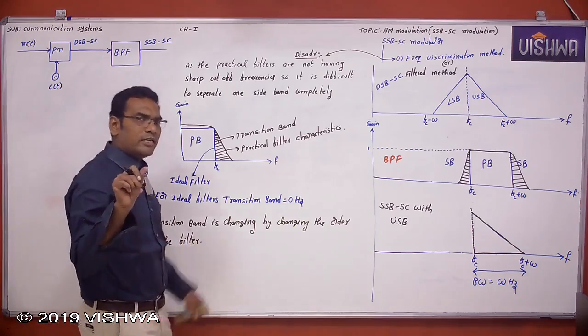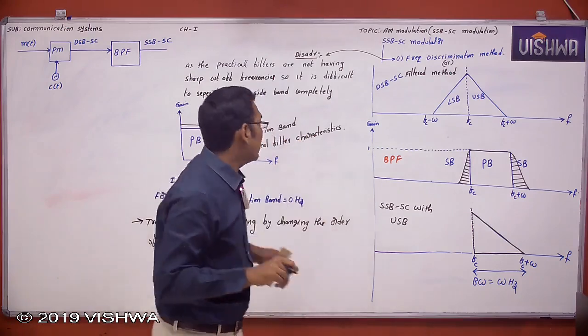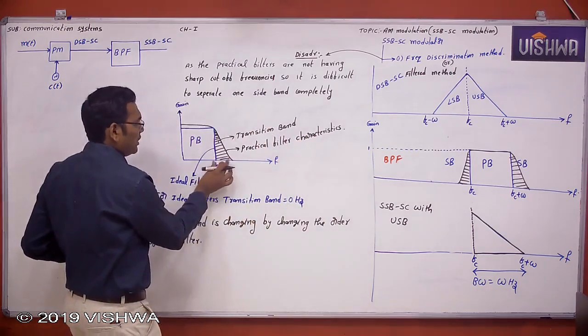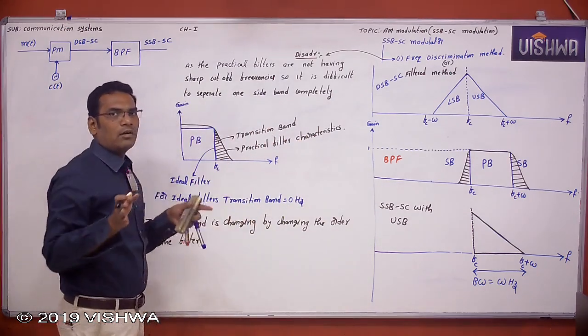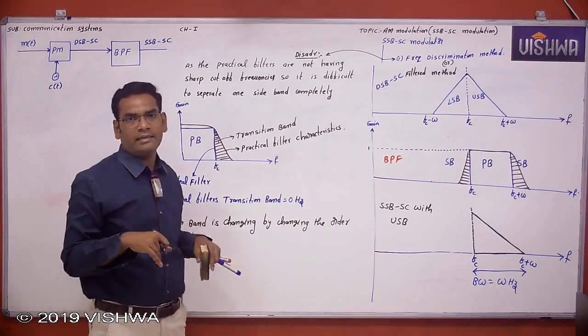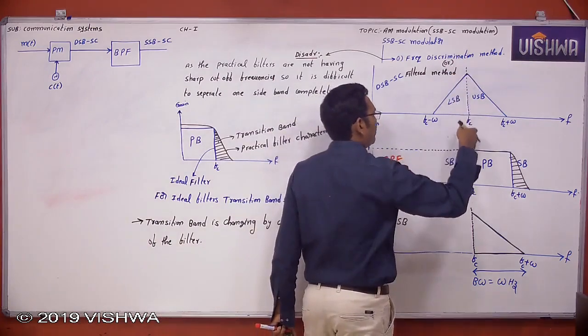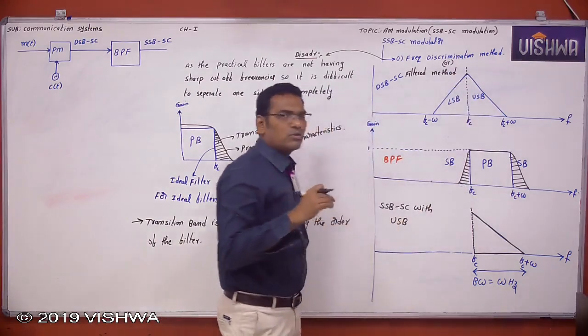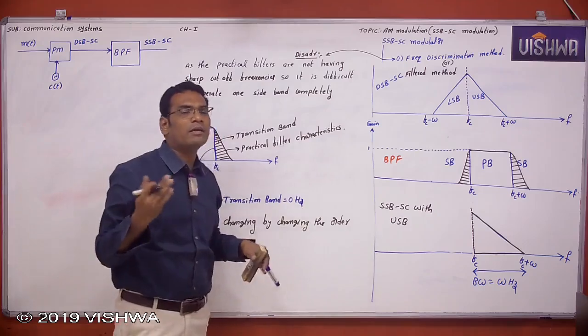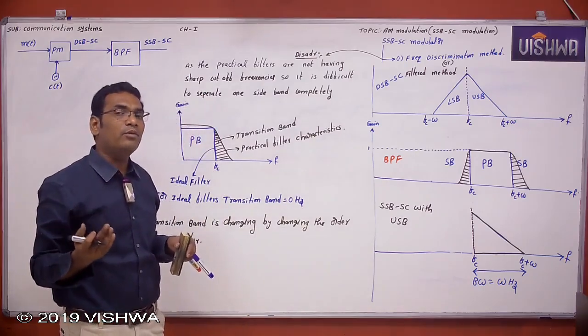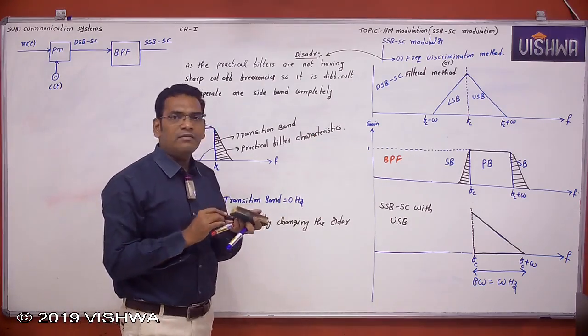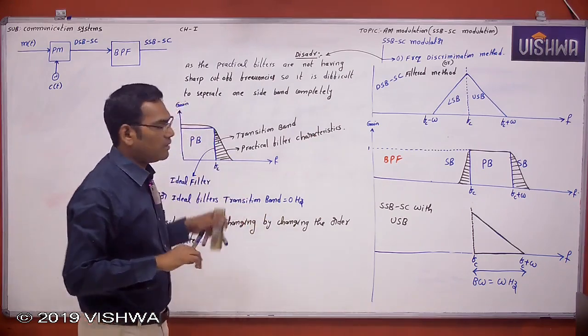So by choosing the appropriate order, the transition band will be minimized such that whatever component we want, we can select it. But here an ideal case is definitely required, because a sharp cutoff frequency is required. That is not possible, so this is the disadvantage of this method. We can overcome this disadvantage by going for another method, the phase discrimination method. First you note this down, we'll see.